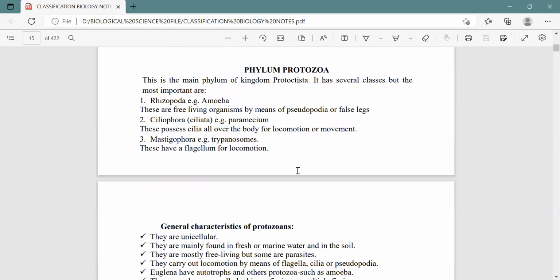Under that kingdom, the main phylum is Protozoa, that has classes such as Rhizopoda, which includes the amoeba, Ciliophora or Ciliata, that includes paramecium, and Mastigophora, the trypanosomes that locomote using a flagellum.